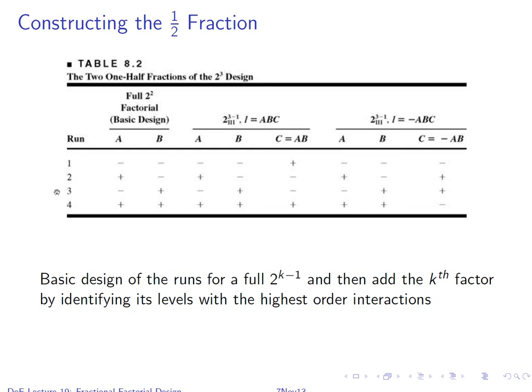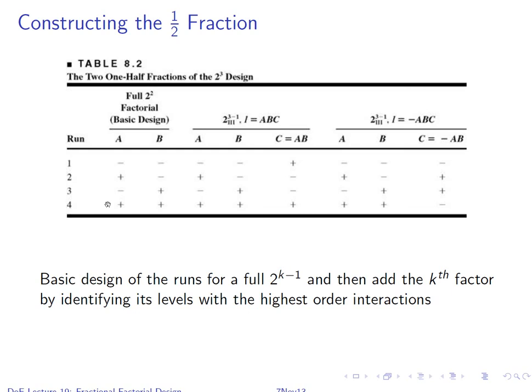So if I'm interested in a 1/2 fraction of a design with 3 factors, I'll start with a full factorial design with 2 factors, as you see in the first 2 columns on the left-hand side. So in the first run, A and B are both low. In the second run, A is high, B is low, and you see the reverse. And then in the last run, A is high and B is high. So this is a full factorial design if I only had 2 factors.